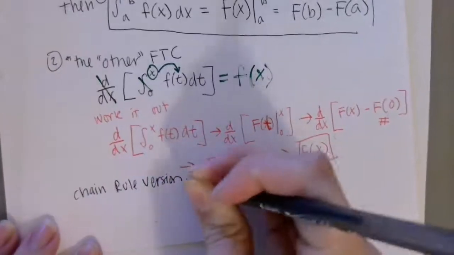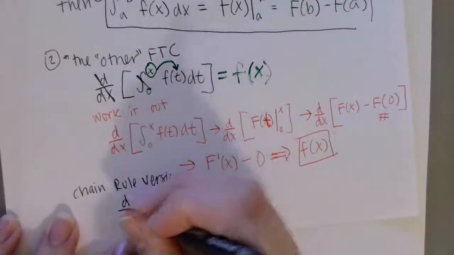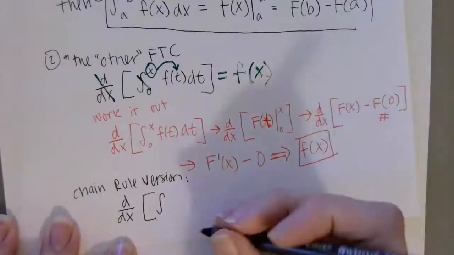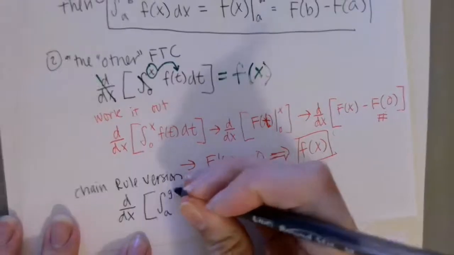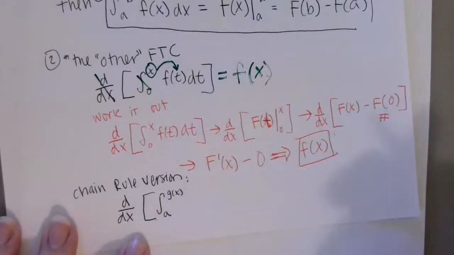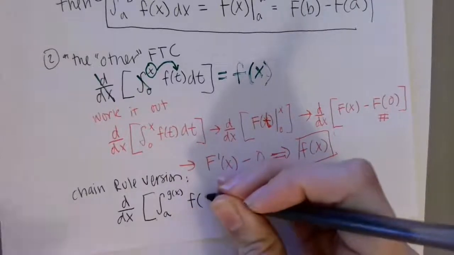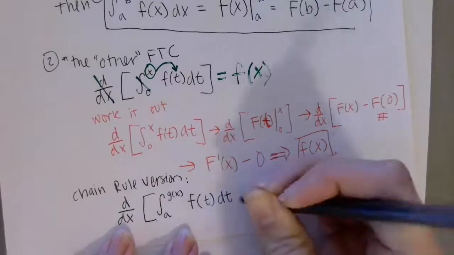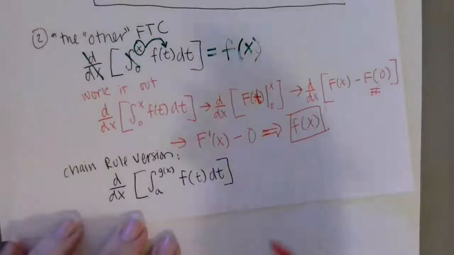The chain rule version would be something like the derivative of the integral from a, which is any number, to g of x, which is a function, of f of t dt. Okay, so what happens here is pretty similar.